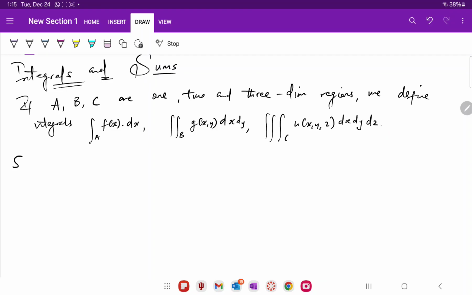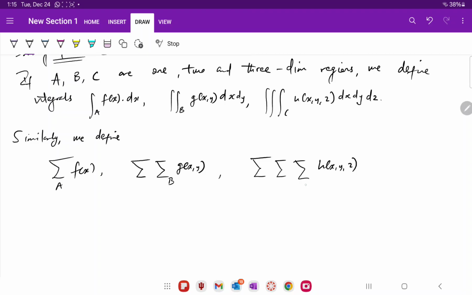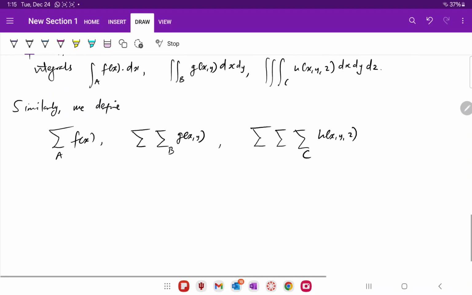And then similarly also for the sum or sigma, we define sigma, what it's called, sum of f of x for 1 dimension, and for 2 dimensions you have this g of x y, then for 3 dimensions we have h of x y z, and the space of C supports to be C.